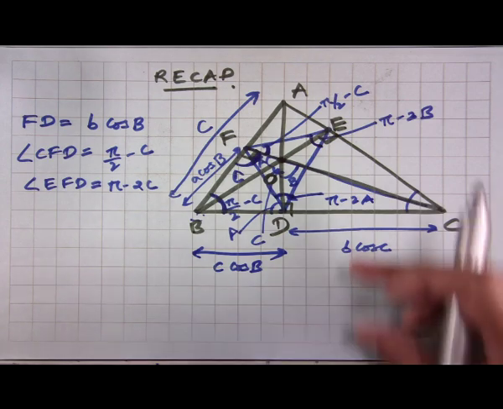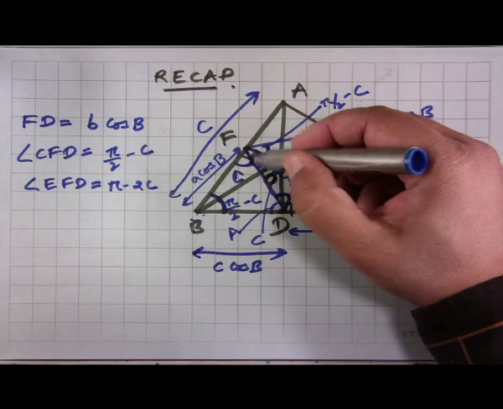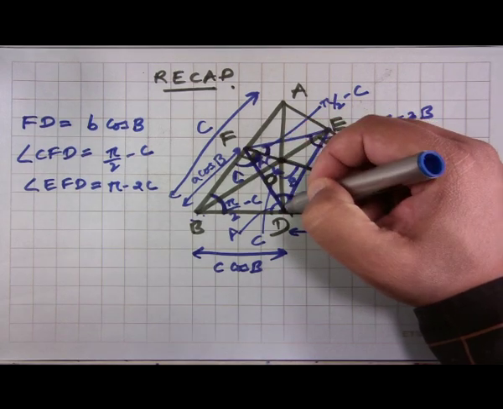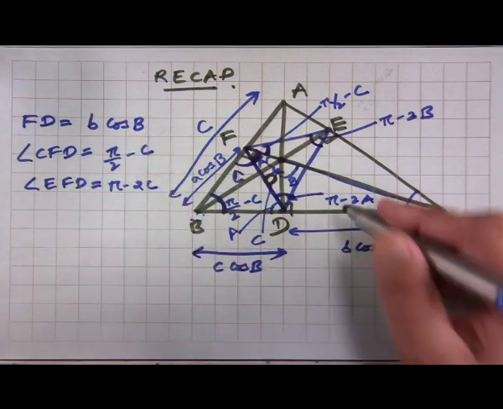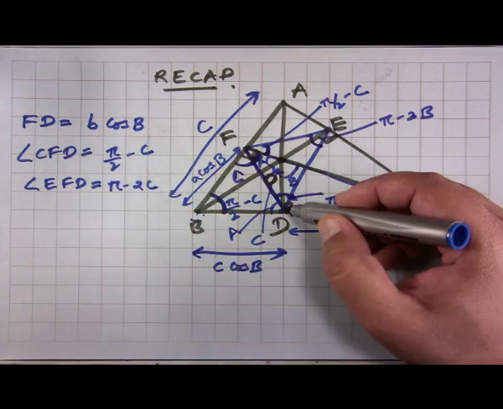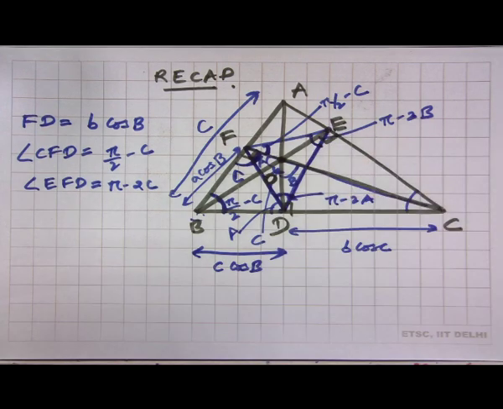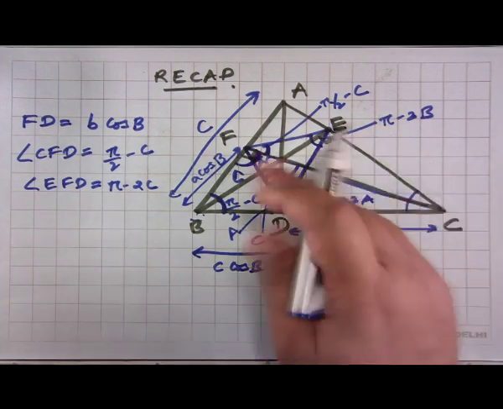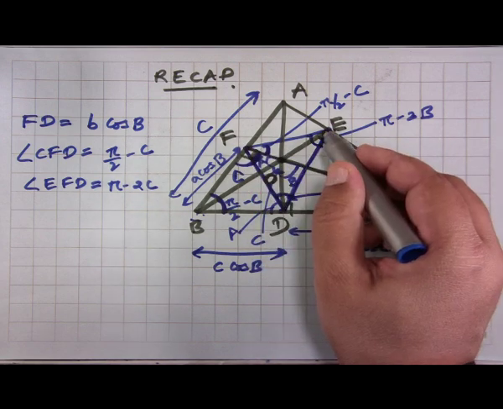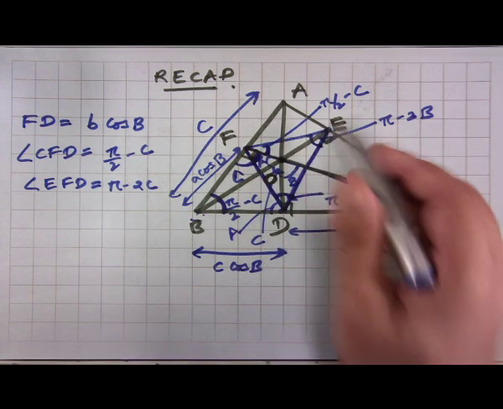And similarly, the sides: we had already found the length of this side FD to be equal to b cos B. This other side DE will be equal to c cos C, and this side FE will have a length of a cos A.